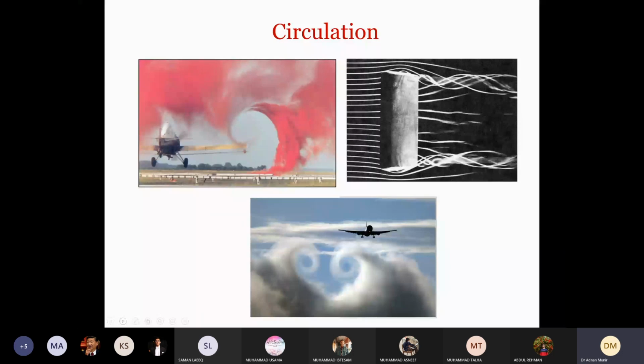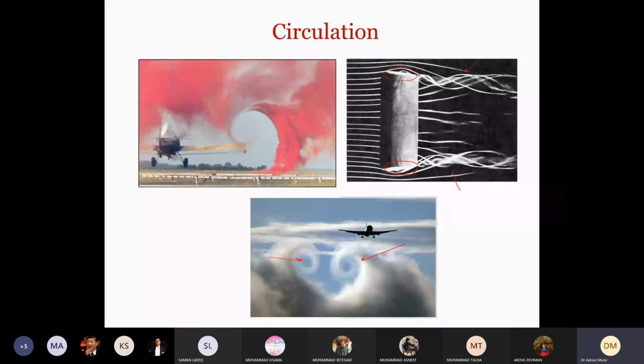So now you can clearly see here these are the tip vortices generated behind the aircraft, right? And in the case of a circular cylinder, you can see because it also has end effects here, those horseshoe vortices are also generated at this point.